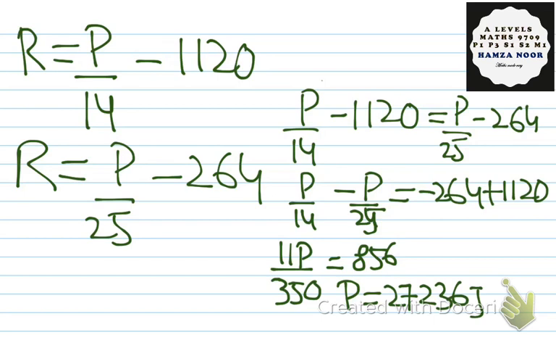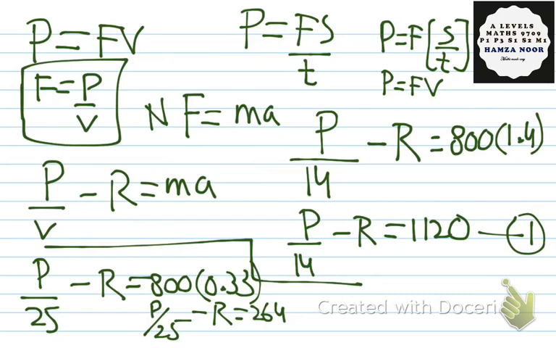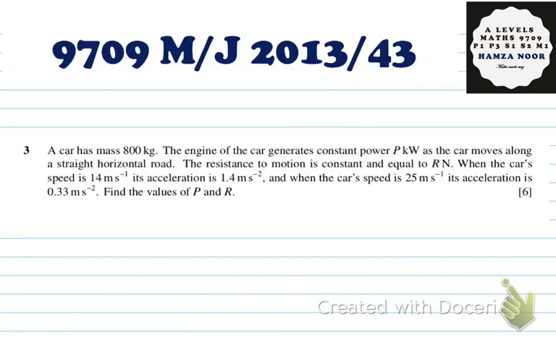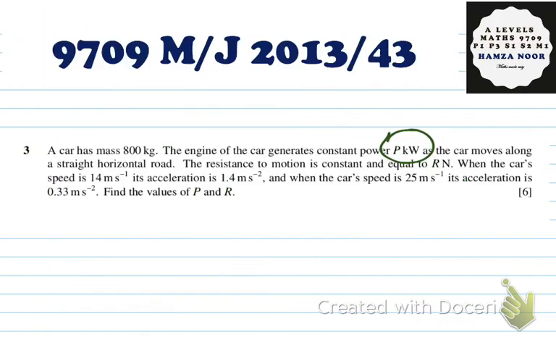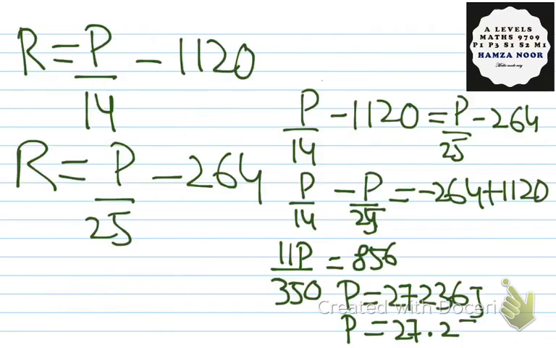But since in the question the power is given in kilowatts, dividing by 1000, P will be equal to 27.2 kilowatts.